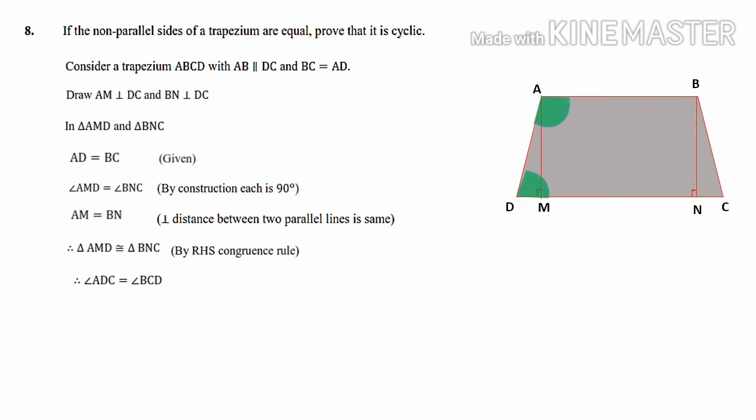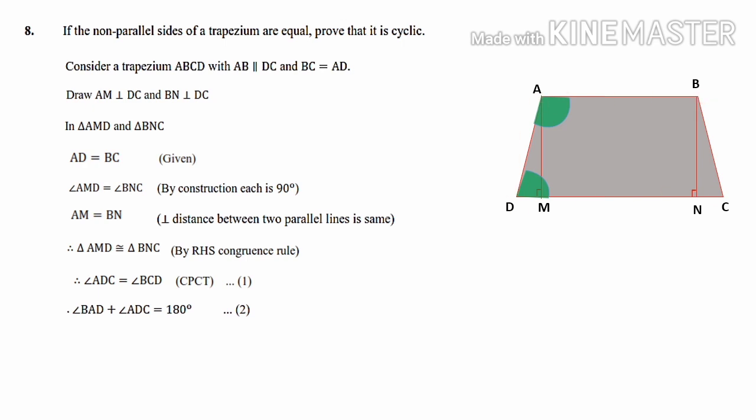So by using parallel line properties, angle BAD and angle ADC are the interior angles on the same side of the transversal. AB and CD are parallel lines and AD is a transversal. If you add these two angles, we get the sum 180 degrees. That is, angle BAD plus angle ADC is equal to 180.